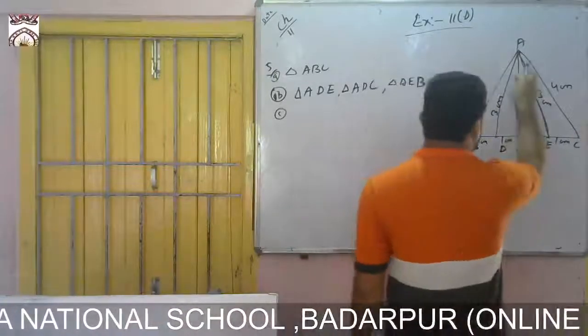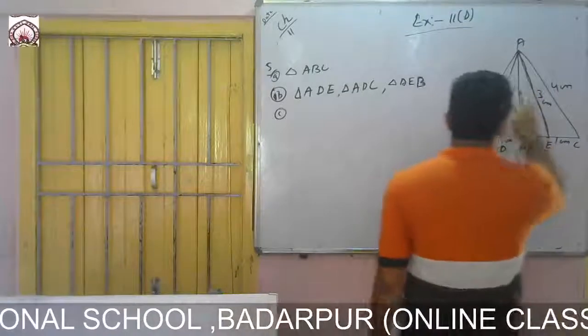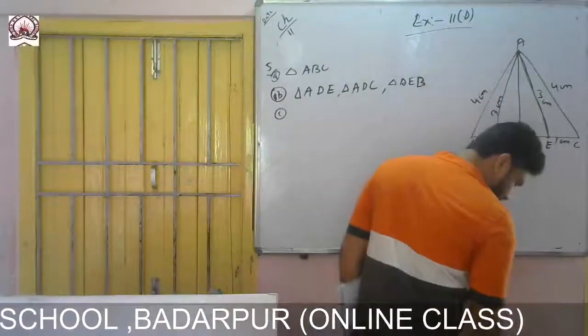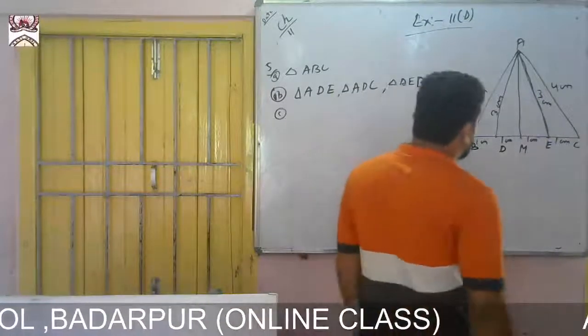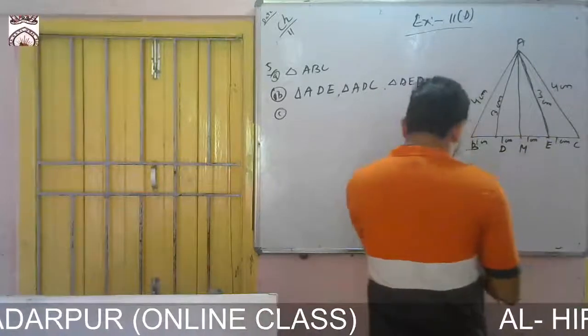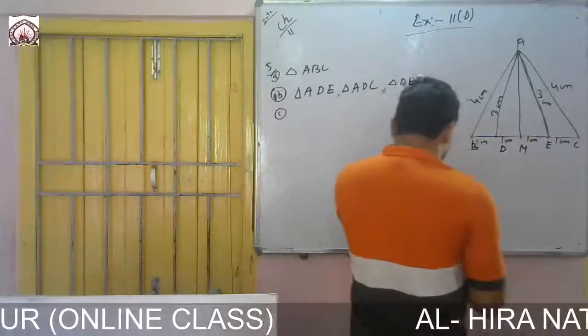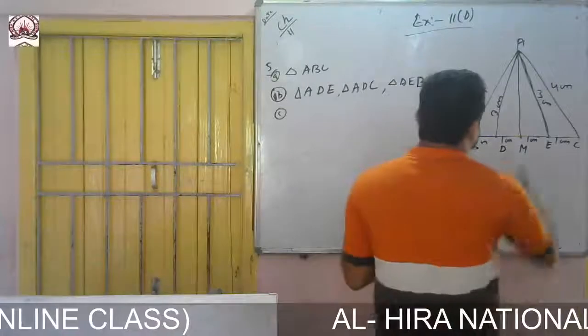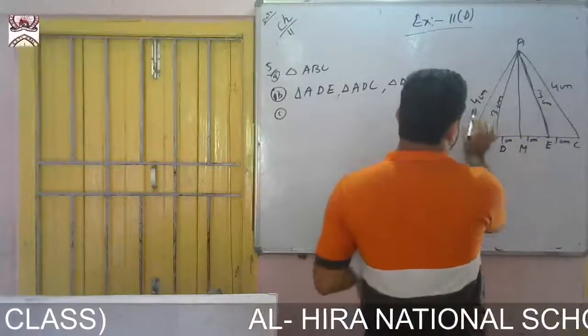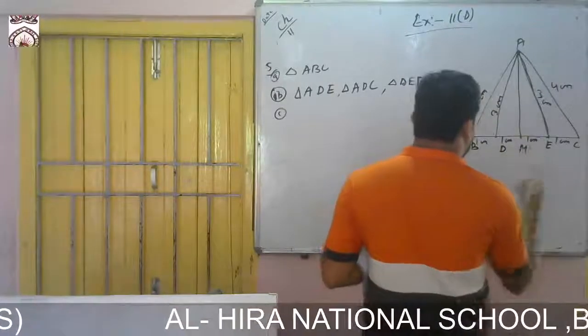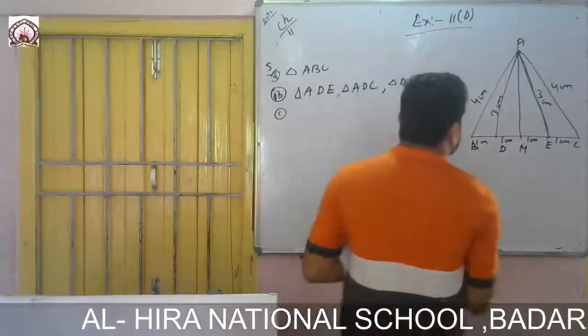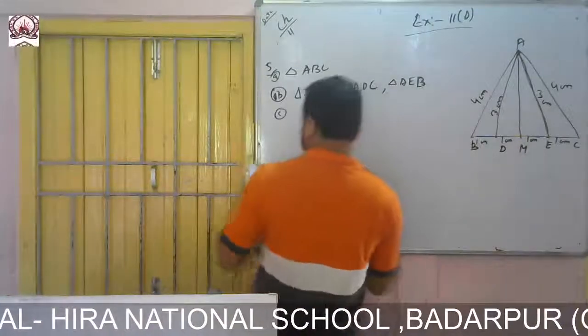This one I can take, ADM, 3, 1. Then I can take this one also. So many are there. ABM also, 4 centimeter, this is 2 centimeter. Then ACM also, you see.